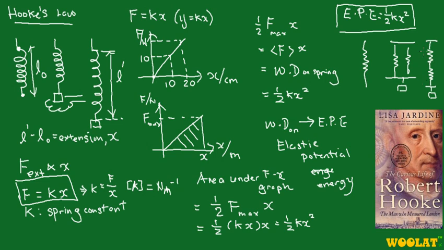How does this change the setup? What is the effective spring constant of the rightmost setup? And what is the effective spring constant of the center setup? Okay, I'll leave you with this question.